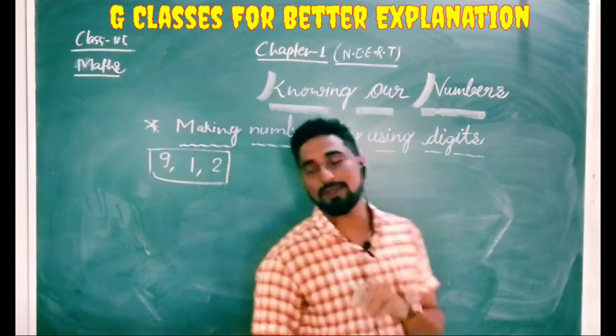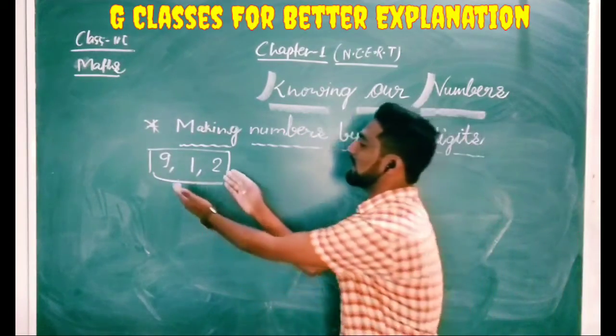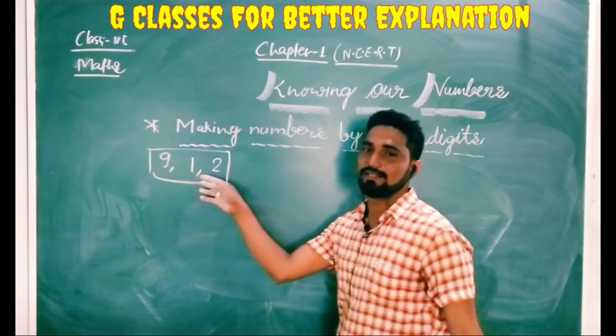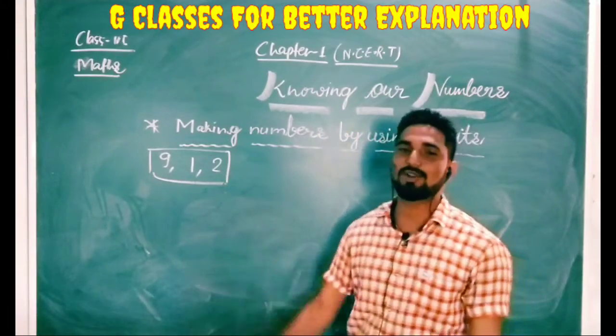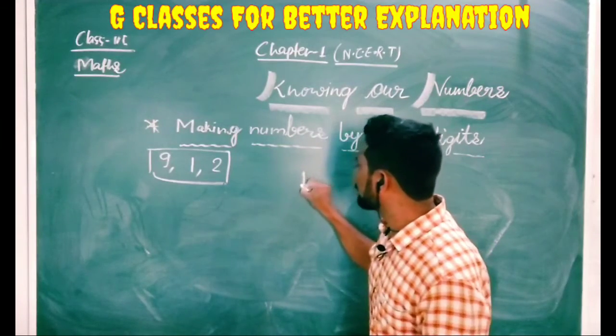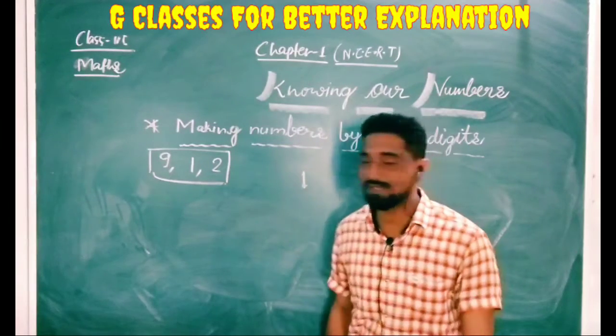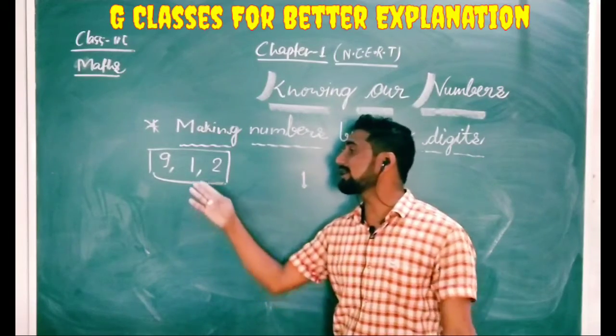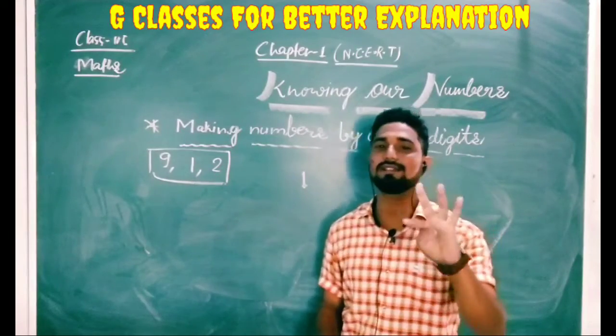I am going to make the first number. You select any one of the digits from the given digits. Obviously 1 is the smallest one here, so I will take 1 and write 1 at first. So 1 we have to keep constant, and then what are the left digits? That is 2 and 9.